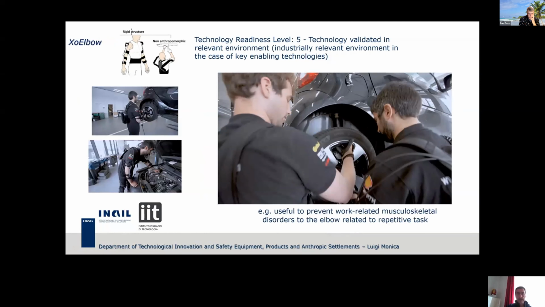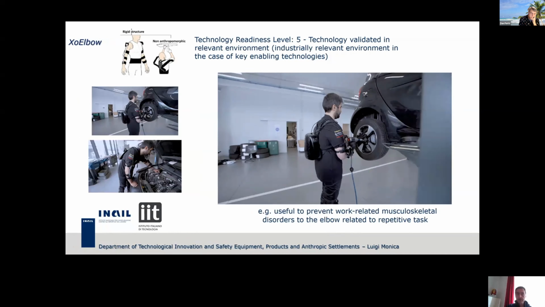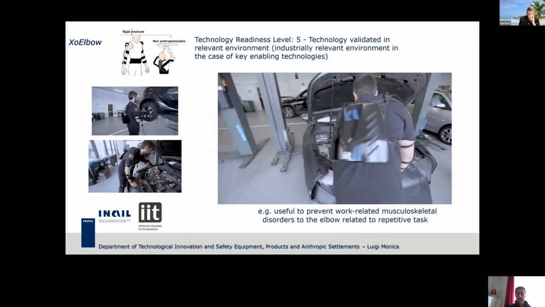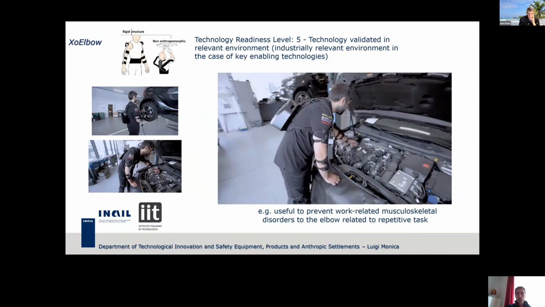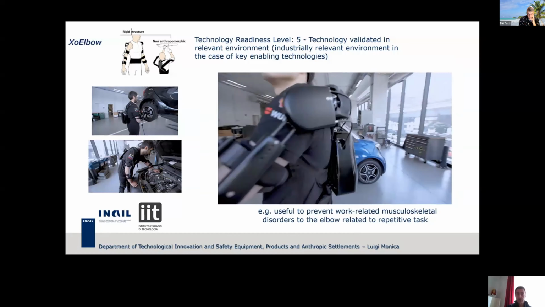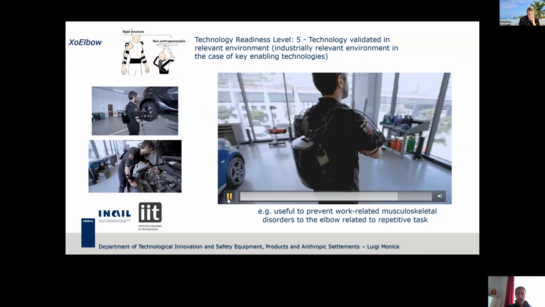In the next slide, we can see another specific device called Exo-Elbow. This device is useful, for example, to prevent work-related musculoskeletal disorders of the elbow articulation related to repetitive tasks.